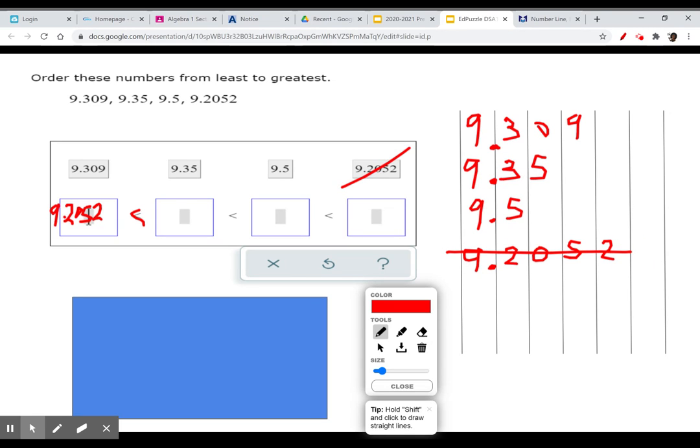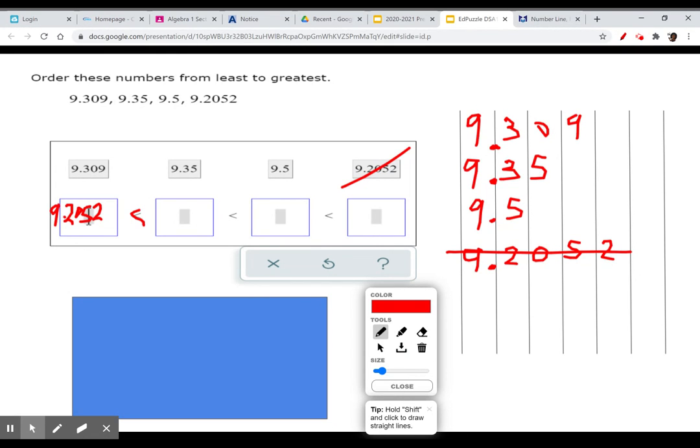Now for my next smallest, I'm debating between this one and this one. Now, what you can't see is that you can actually cover these up to see. So you've got 9.30 and 9.35. 9.30 is less than 9.35, so therefore 9 and 309 thousandths is less than 9 and 35 hundredths.